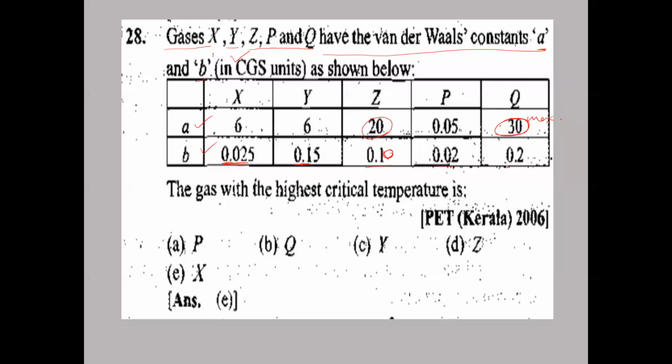And 0.02, 0.2. So 0.2 is the maximum b value. Keep this point in mind. And the minimum here is 0.025, 0.020, 0.002, 0.025. It is the least value.